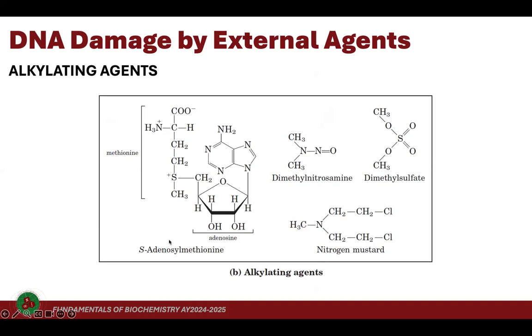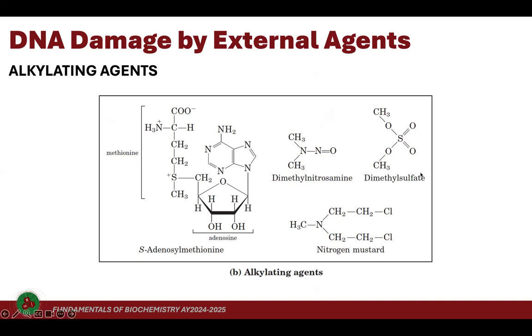Okay, here we see S-adenosyl methionine. This is naturally occurring in your cells because some of your nitrogenous bases are actually required to be methylated. So their source of methyl is S-adenosyl methionine.